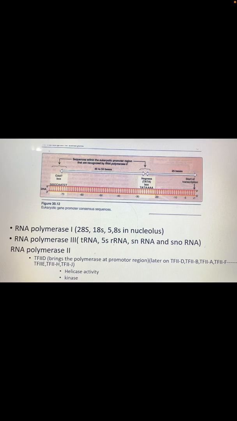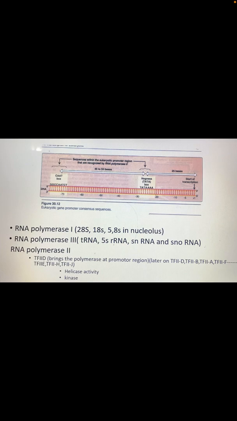There are different types of basal components, activators and co-activators involved, which are responsible for the process of transcription to be carried out. TF stands for transcription factor and 2 stands for type 2 of RNA polymerase. So transcription factor 2, and D is the subtype of this transcription factor 2.